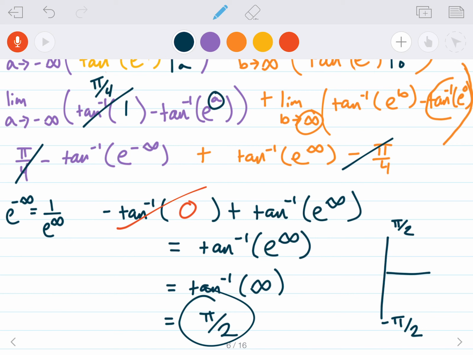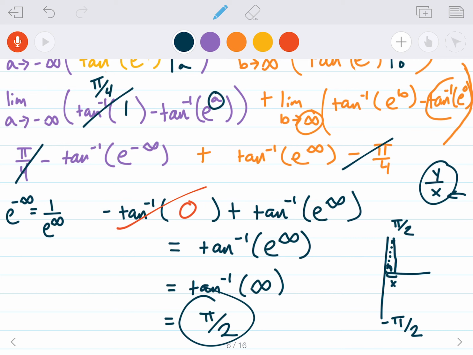And basically, tangent going to infinity is telling us that our denominator, our y over x, our x is getting really, really small to make this thing blow up, right? When the denominator gets super, super small, the entire fraction y over x blows up. So you can imagine this x value right here is getting smaller and smaller, and the angle that it's approaching is pi over 2. That's one way to see it.